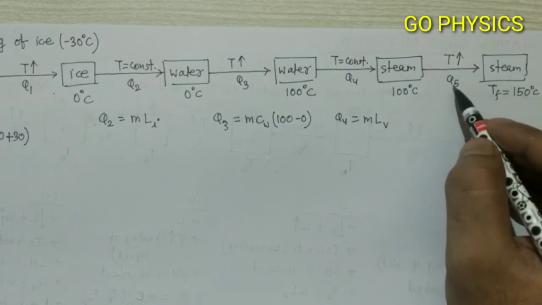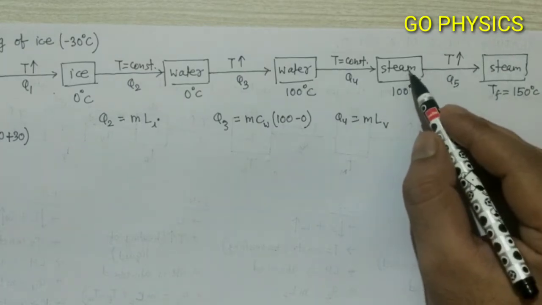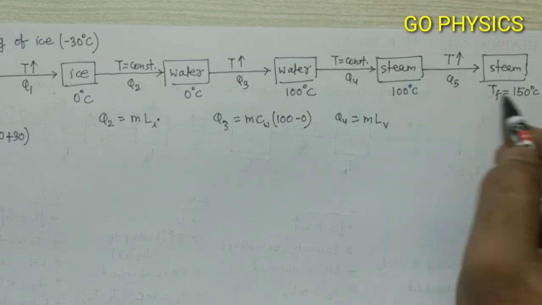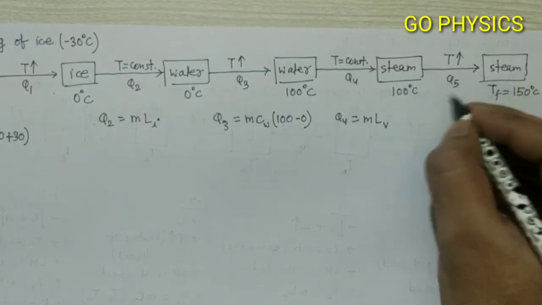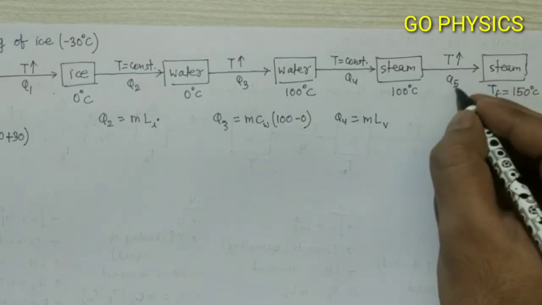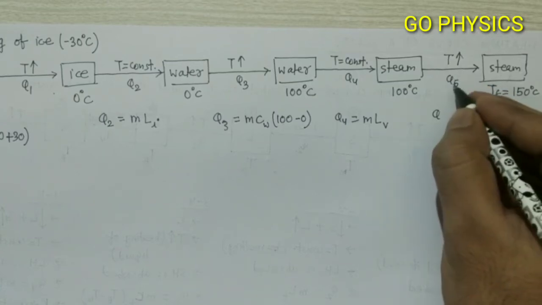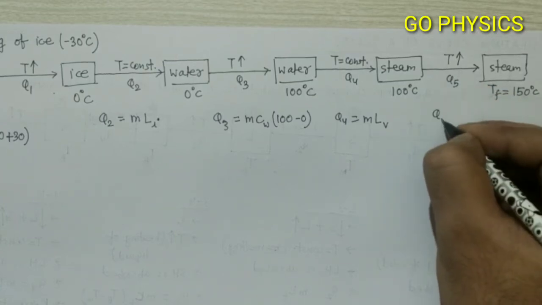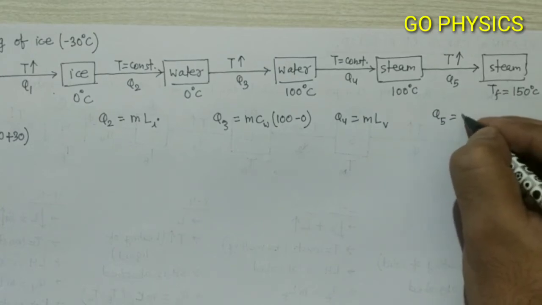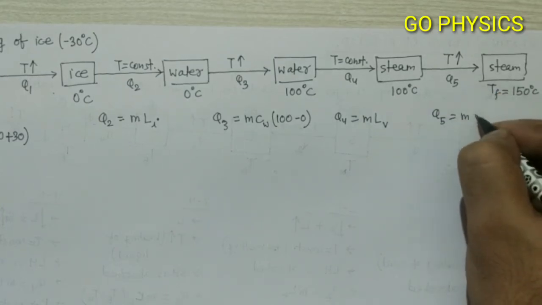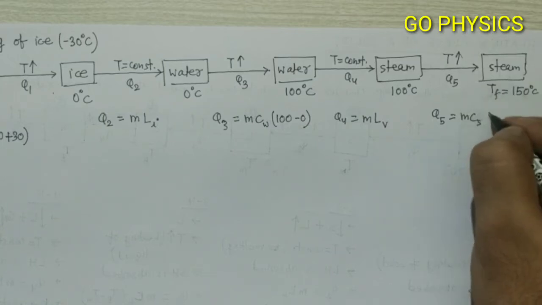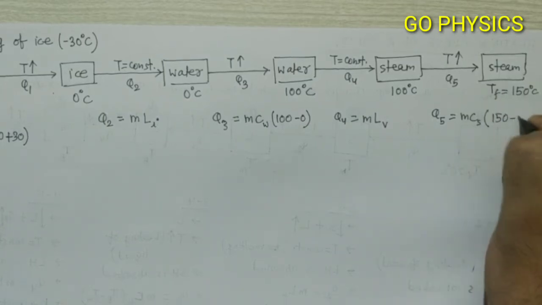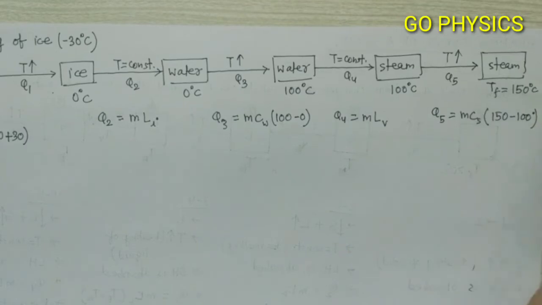And let us suppose Q5 amount of heat is absorbed by the steam to change its temperature from 100 degrees Celsius to 150 degrees Celsius. Since temperature of the system is changing, so Q5 will be sensible heat. So Q5 will be equal to mass of the system into specific heat capacity of the steam into delta T. And what is delta T here? 150 minus 100 degrees Celsius.